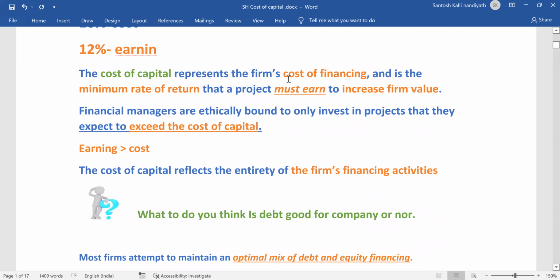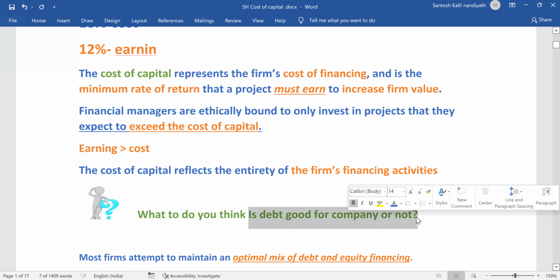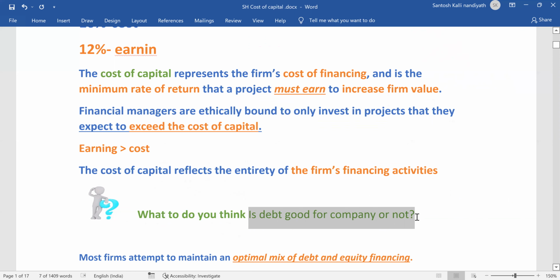Now I'll ask this question: what do you think, is debt borrowing good for the company or not? I think it depends on the company itself or how it works. Yeah, correct. The answer is right. Actually, it depends.